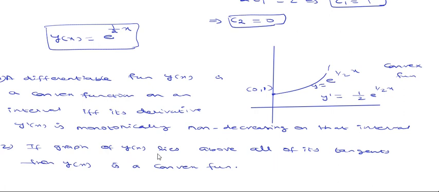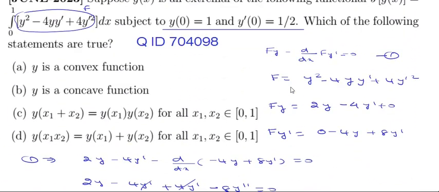We can also check using the tangent condition: the graph of this function y of x lies above all of its tangents. So therefore it's a convex function. Therefore the first option is correct and the second option is wrong.